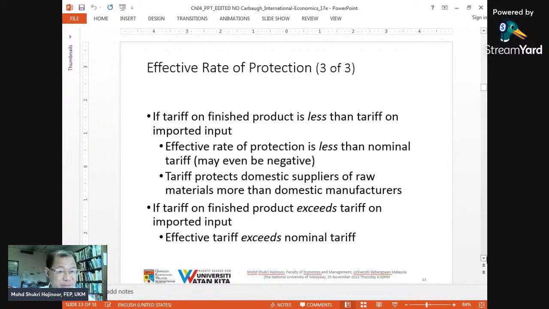The tariff protects domestic suppliers of raw materials rather than the producers of finished products in that case. If the nominal tariff on finished products exceeds the tariff on imported inputs, the effective tariff exceeds the nominal tariff.